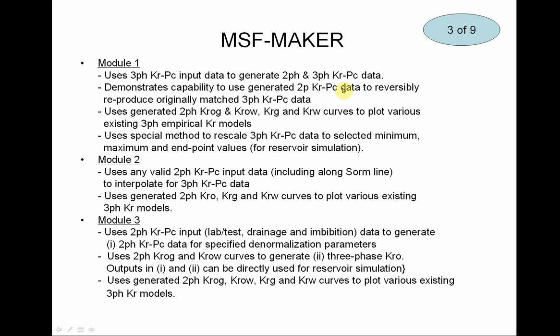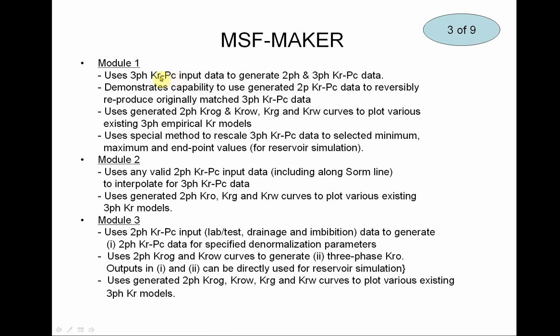The software has 3 modules. Module 1 can use 3-phase KR as well as PC data. If you have 3-phase PC data, you can have only KRO, KRG, KRW.